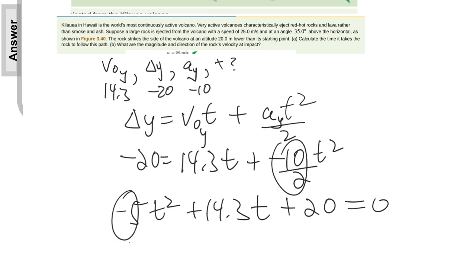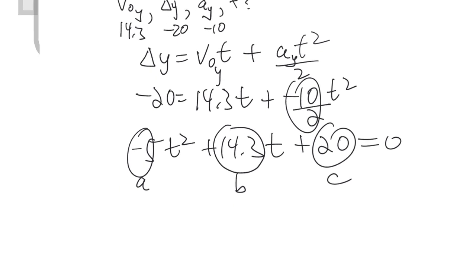So A is negative 5, B is 14.3, and C is 20. Okay, when I plug this into my calculator, I get a negative 1.02. I don't want that one. And I get a positive 3.89. So T equals 3.89 seconds.